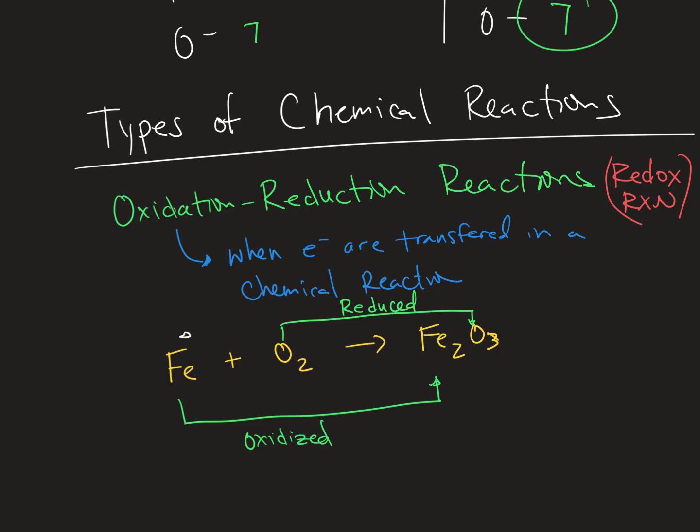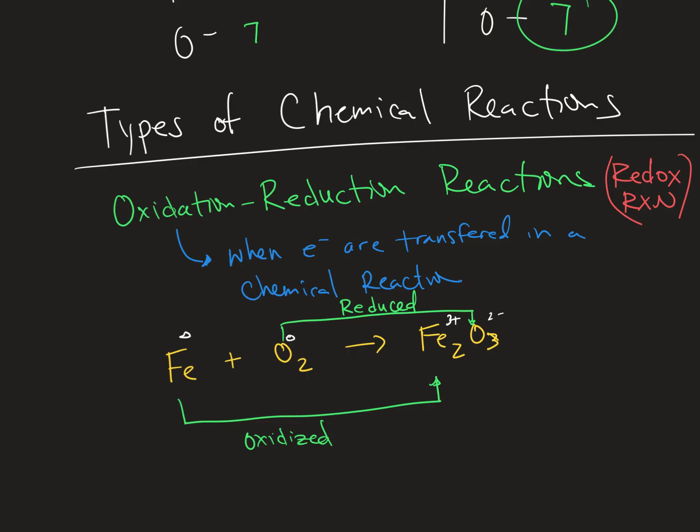It's neutral, right? The charge of oxygen all by itself is also neutral. What's the charge of iron in iron 3 oxide? 3 plus. And what's the charge of oxygen in iron 3 oxide? 2 minus. Are you with me?